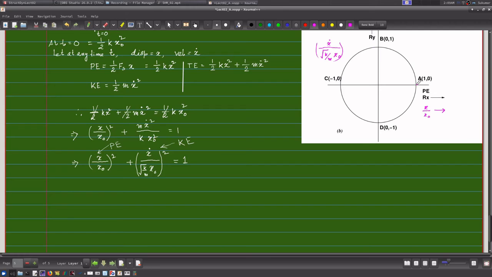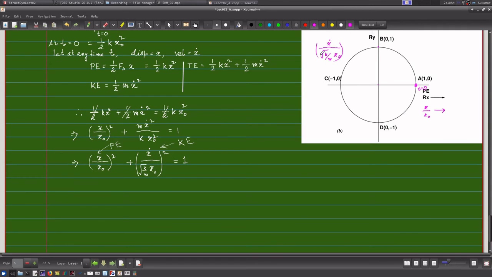Now at the very beginning my vibration starts here, you see, because this quantity is 1, that means x is equal to x naught. So this is my time t equal to 0. And as the time moves, this point moves towards point B, and at B my potential energy term becomes 0 and the kinetic energy term becomes 1.